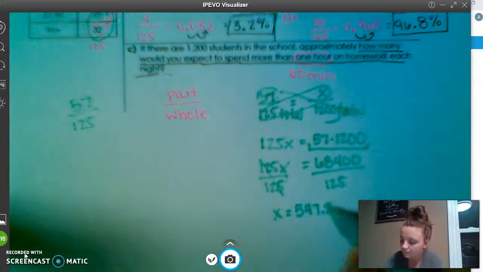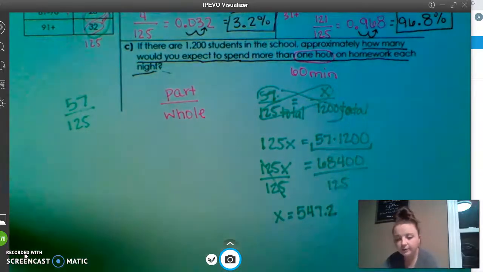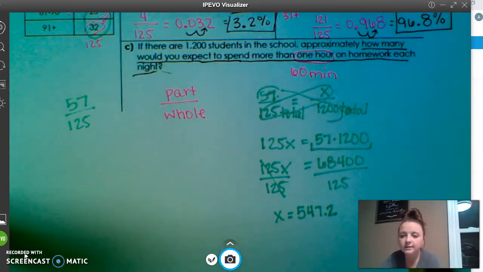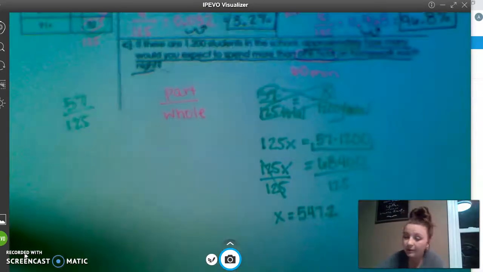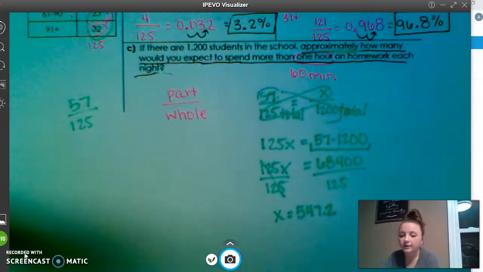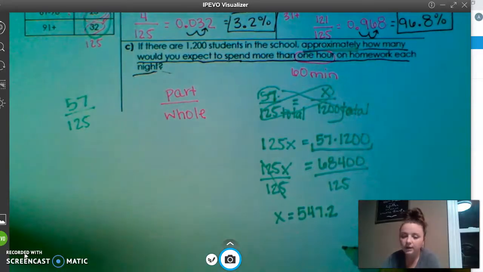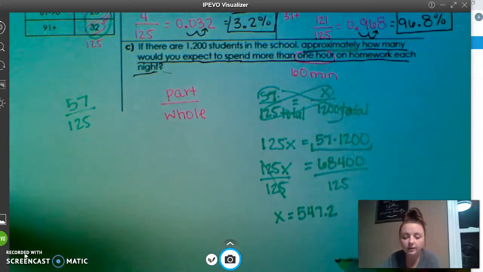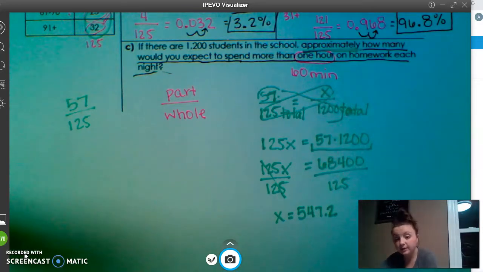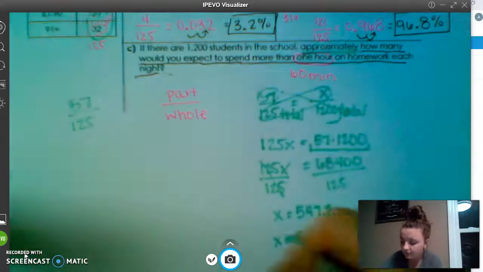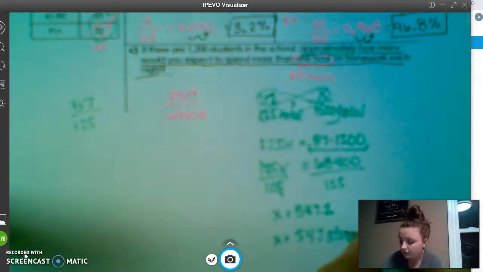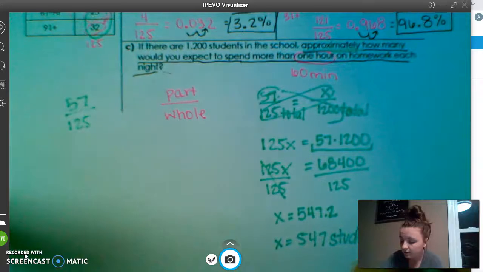So this one, you could round up or down and I would accept it because it doesn't ask you how many whole students, but it says approximately. So I would round down because roughly the 0.2 says down, unlike your warm-up last week where it asked how many weeks for a certain amount of money and you had to round up because of that. So X equals 547 students, approximately.